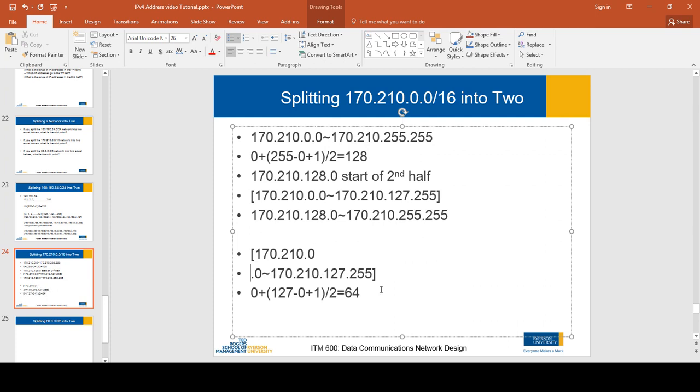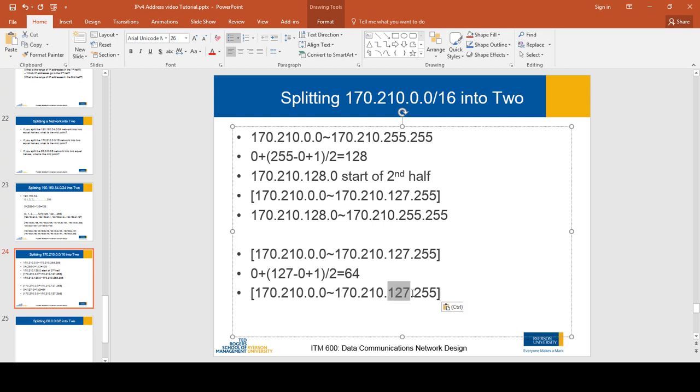Okay, so your first half would be, I have to make a correction here, and the start of the second half is 64.0 and goes up to the last IP in the range that we had before, 127.255.